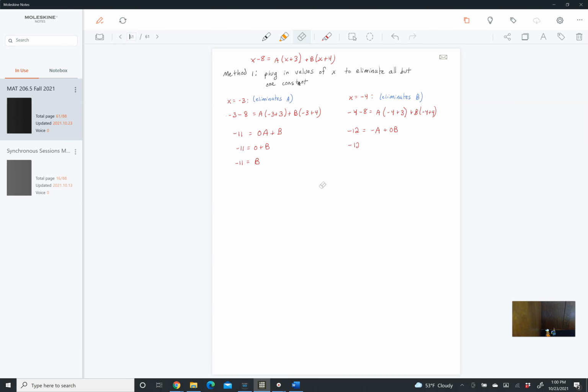That means -12 is equal to -A plus 0, or -12 equals -A. That just means that A equals 12.